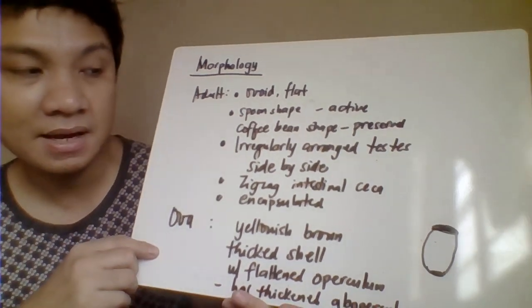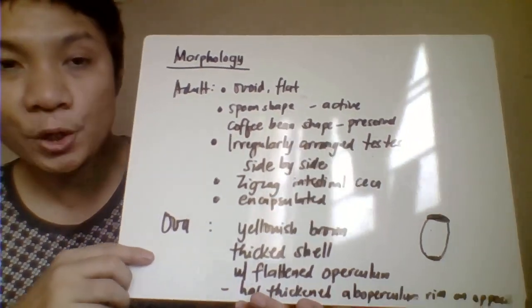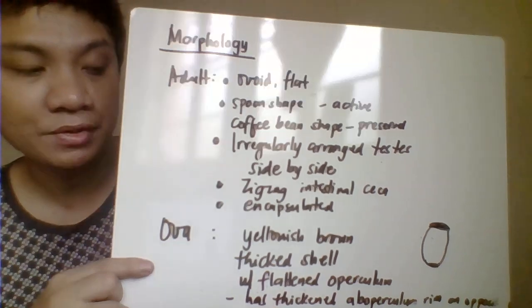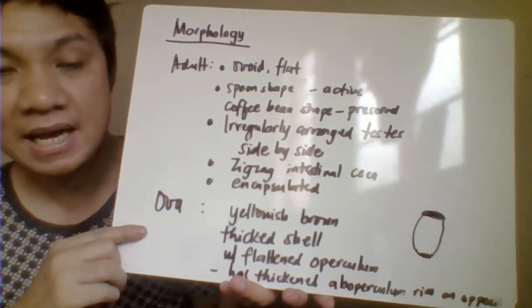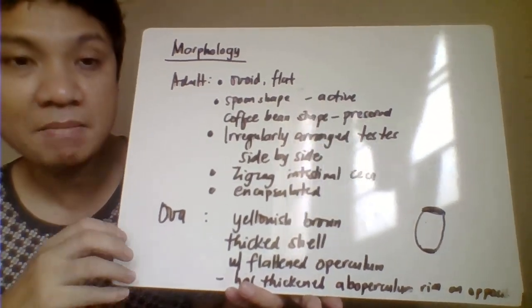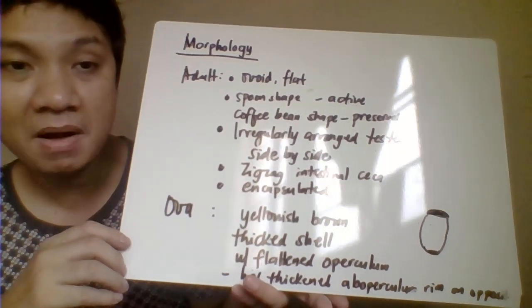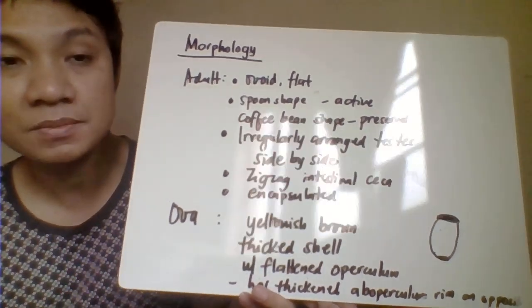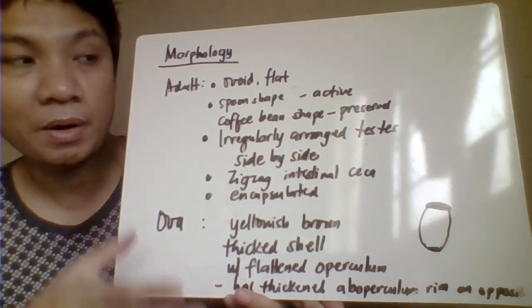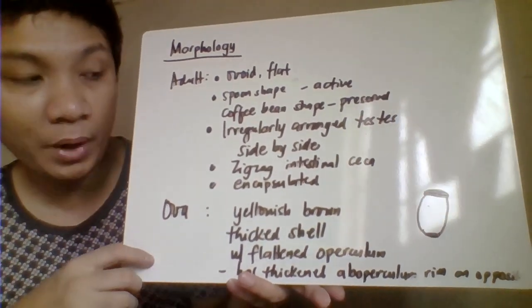We'll have here the zigzag intestinal ceca. Again, adult worm for your Paragonimus westermani houses both the male and the female reproductive organ because this one is hermaphrodite. Unlike the schistosomes, you have separate male and female adult worms. Here, you have only one adult worm.